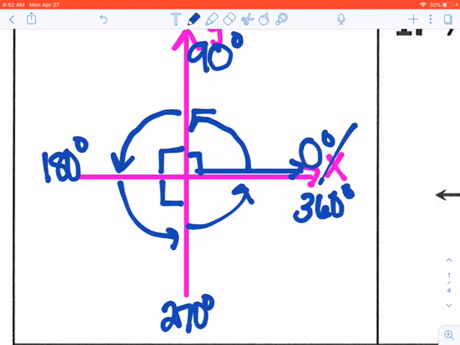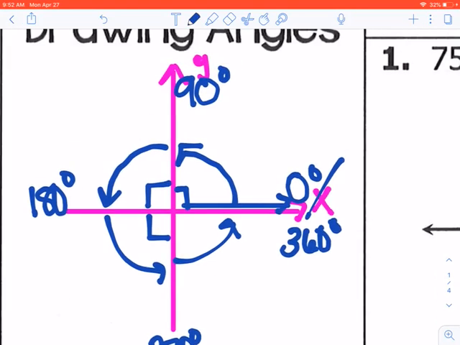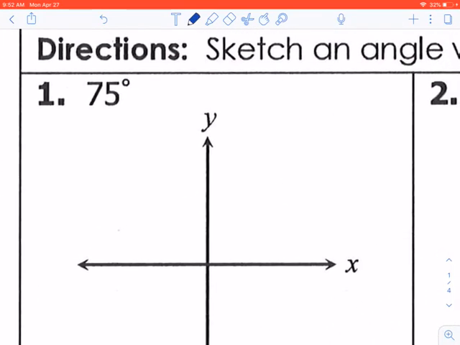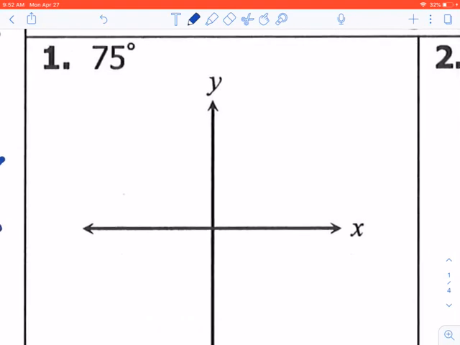From 0 to 90, you're in the first quadrant, 90 to 180, the second quadrant, 180 to 270, the third quadrant, and 270 to 360, the fourth quadrant. So when I come over here to draw my angles, I am going to think about what quadrant I am in.